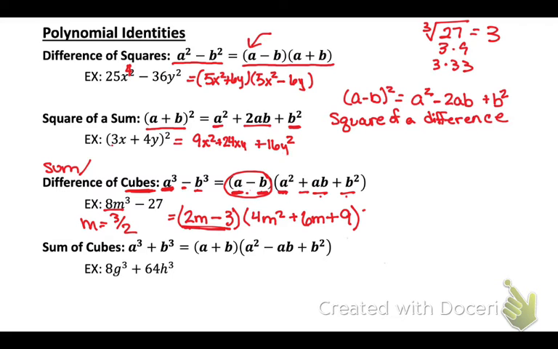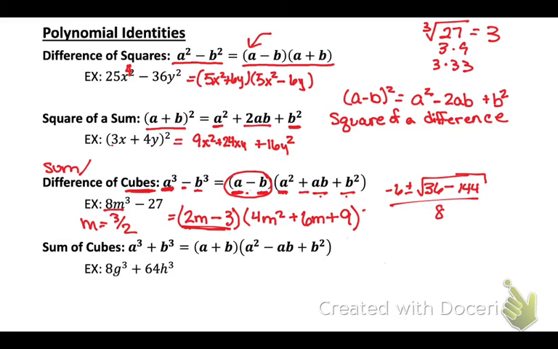Now, you don't need to do it, but I want to show you something real quick. I would have negative 6 plus or minus the square root of 36 minus 144, over 8. Wait, what is this for?